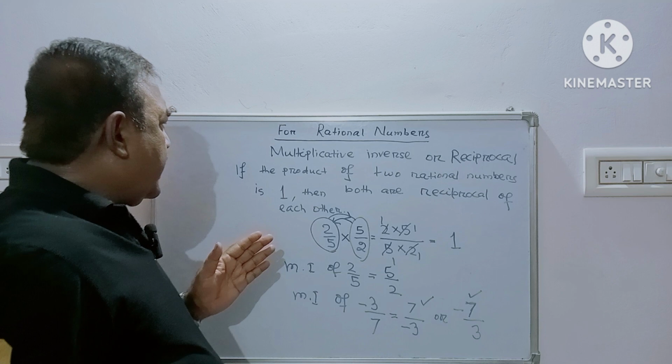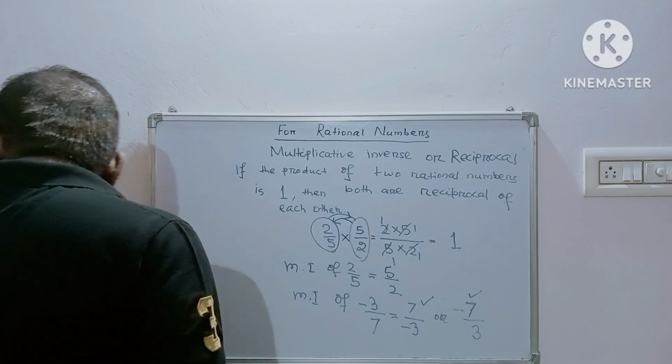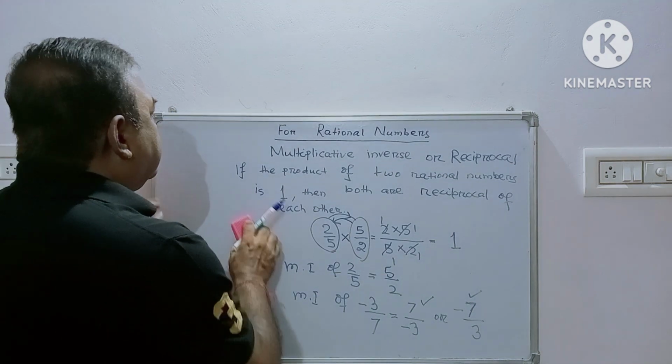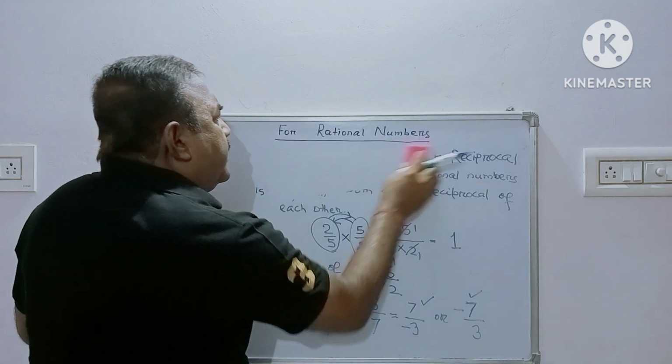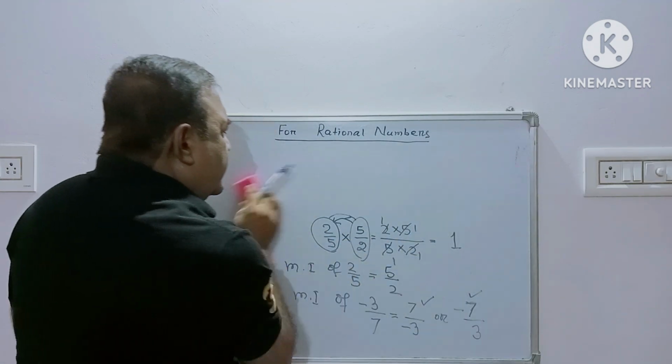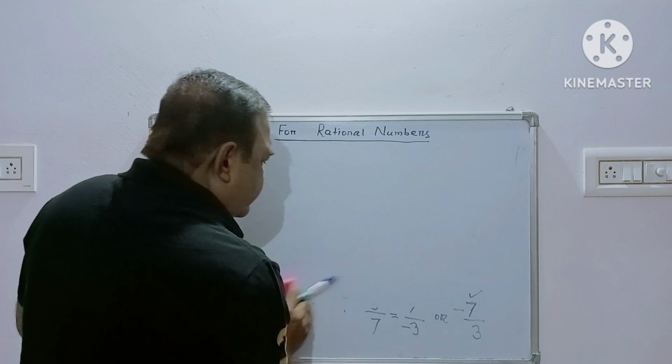So most important is, the multiplicative inverse of a non-zero rational number exists.